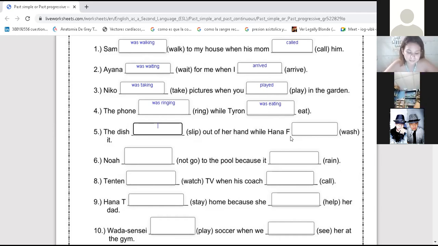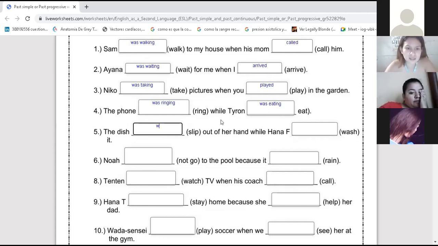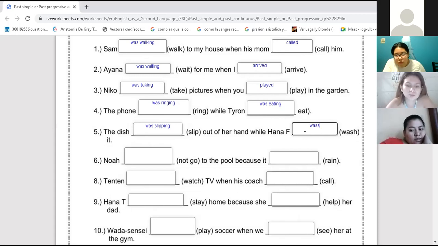Let me share. Is it with double P? Yes, it's with double P. The dish was slipping out of her hand while Hannah was washing.